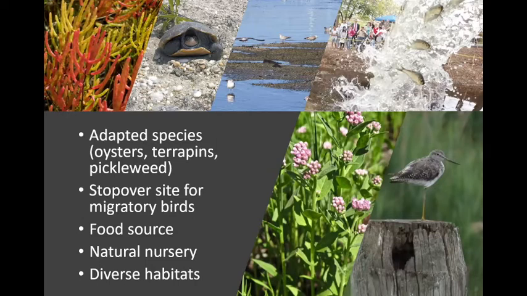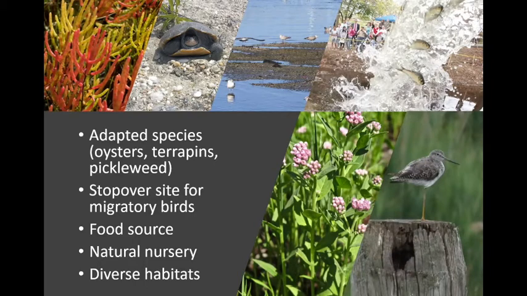So one common characteristic of a lot of estuaries is you might find adapted species, so species that have adapted to the brackish waters and the constantly changing environment in an estuary, whether those adaptations are physiological or behavioral.